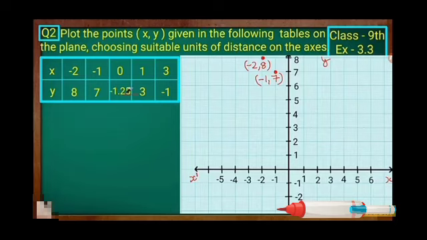Third is 0 and -1.25. X is 0, y is -1.25. So we can write it as -1.3 by rounding.